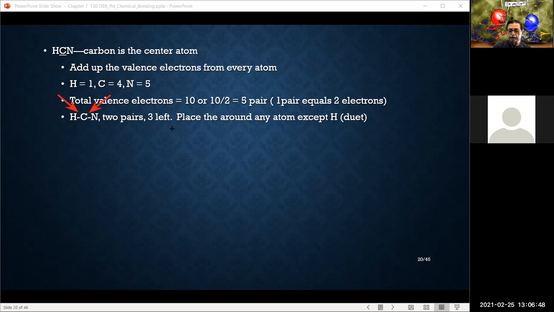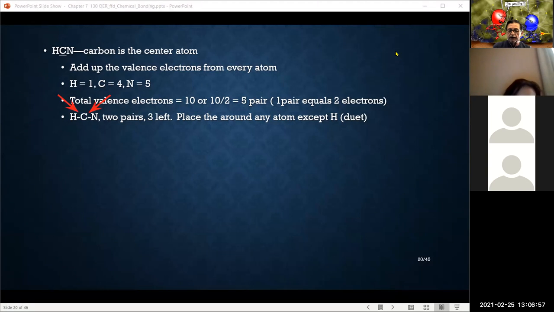Okay, so those 2 electrons that I utilize to actually create the first bond tell me now I got 3 pair to work with. And so the 3 pair that I got to work with, now I can place any I want on any atom that I want except hydrogen.